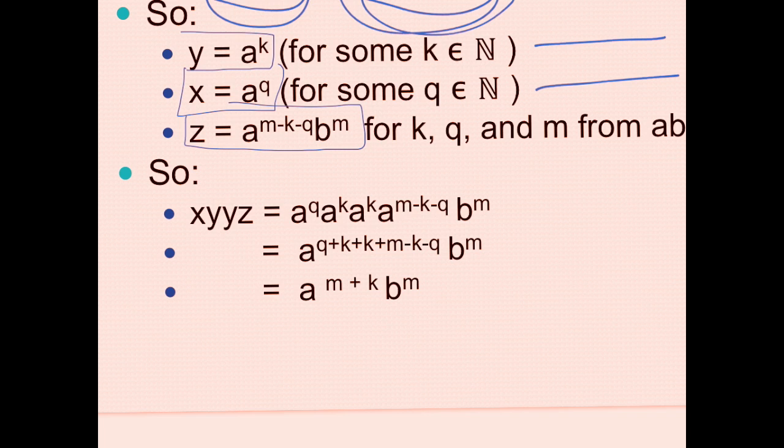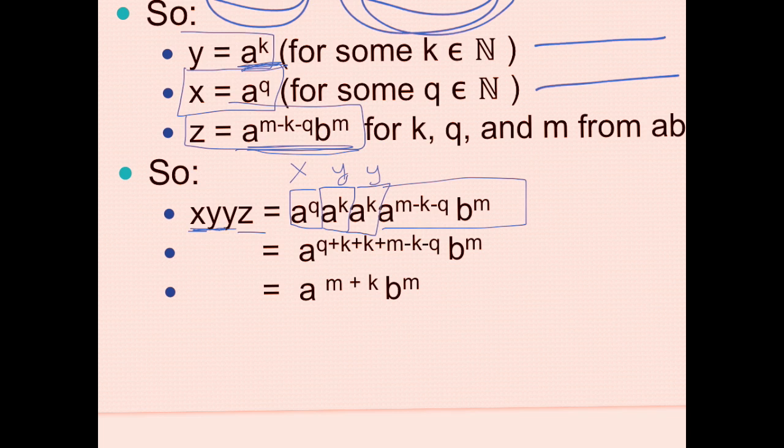So x, y, y, z: I take x, which is a to the q. There's my x piece. I take my first y, which is a to the k. I throw in another y, which is another k a's, right? These are both my y's. I throw in a z, because it's x, y, y, z. So here's my z, which is this yuck.